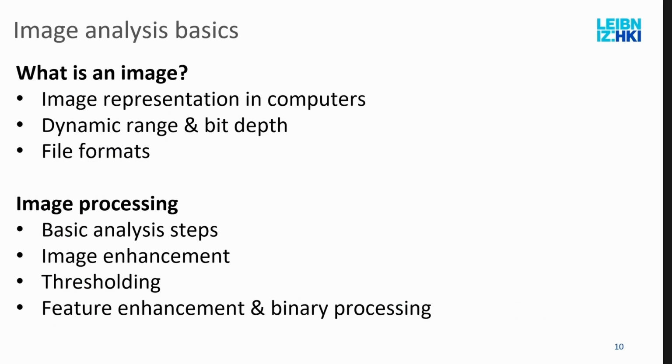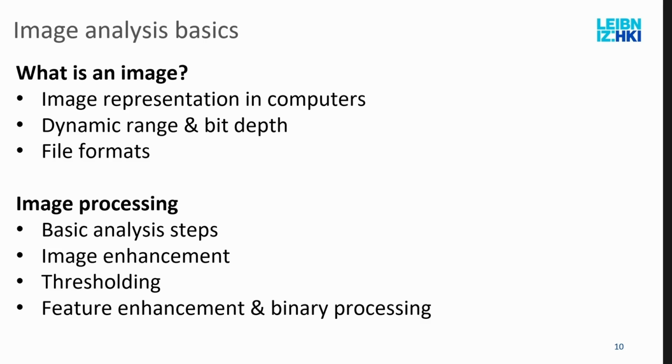But before we use any tools, we first have to look at what an image actually is, to understand what these tools really do, so we can leverage them well. This includes how an image is represented in computers, what dynamic ranges and bit depth are and how they fit together, which file formats you should use for image processing, and what the basic steps are that you can always use as a scaffold to get your image analysis going.